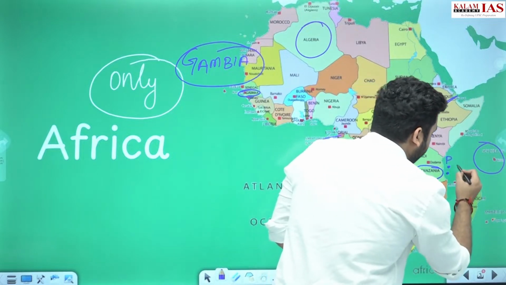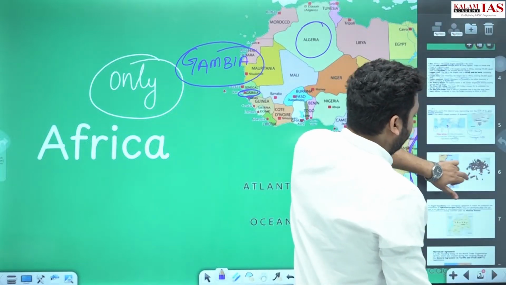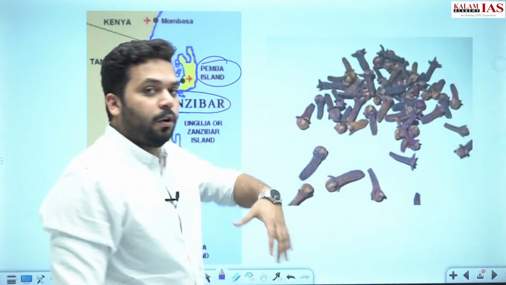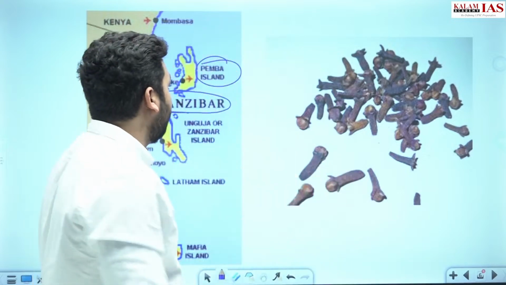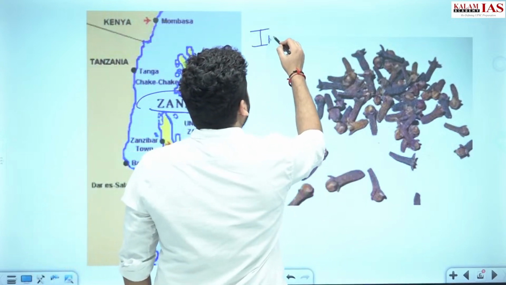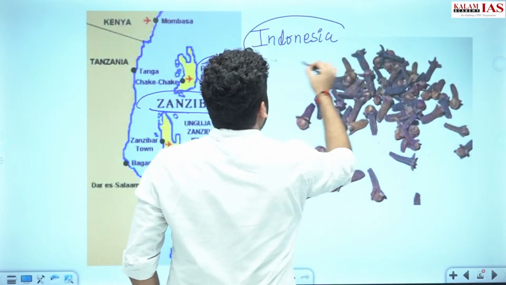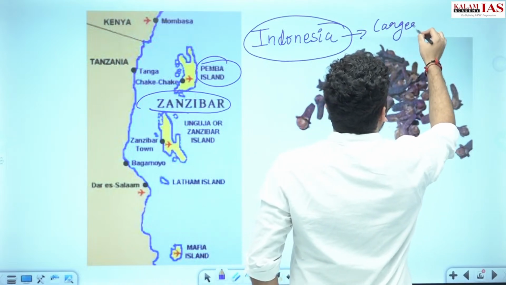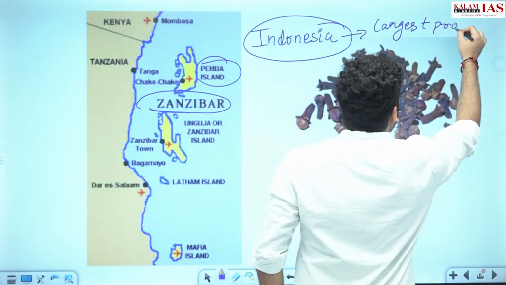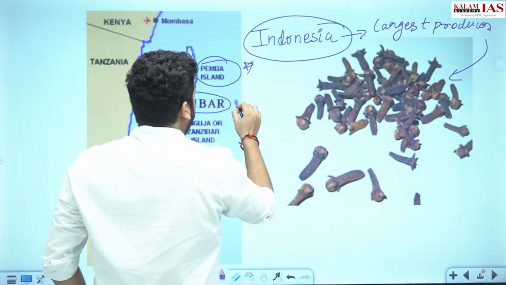This is Pemba, this is Zanzibar. They are popular for clove production. The largest producer of cloves in the world is Indonesia. And Pemba Island and Zanzibar Island.